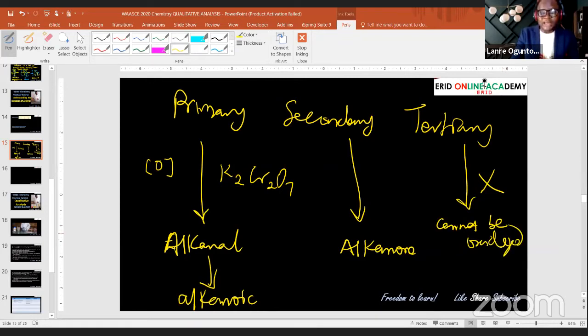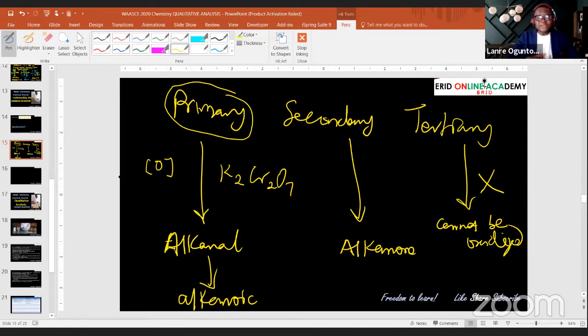The next thing that you need to note is your color change, because this is practical. Your color change when you add potassium dichromate to a solution of your primary alcohol. Your primary alcohol is a colorless liquid. Then you add potassium dichromate to it, and it gets oxidized to alkanal or alkanoic acid.